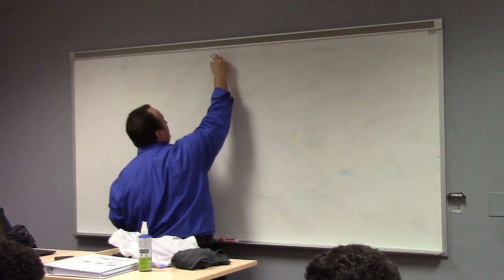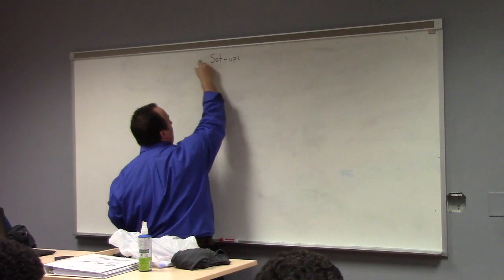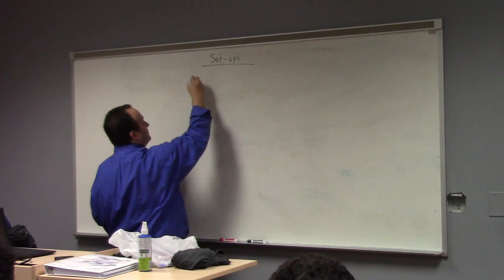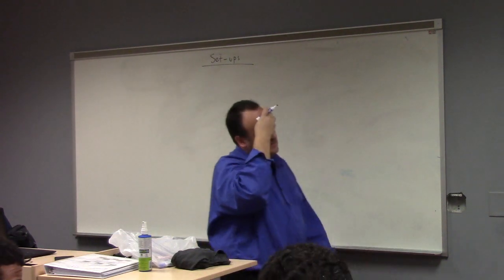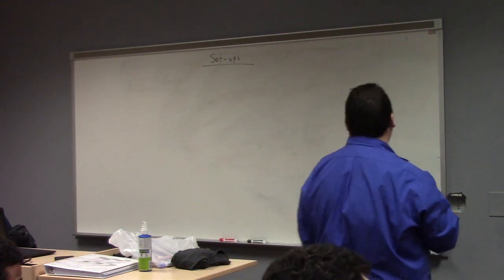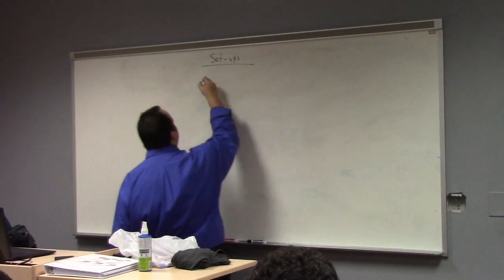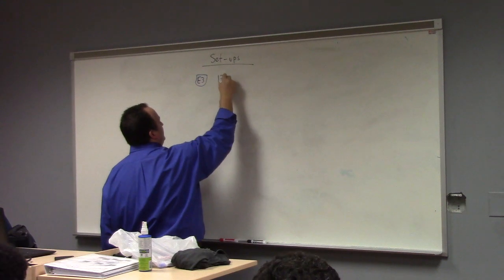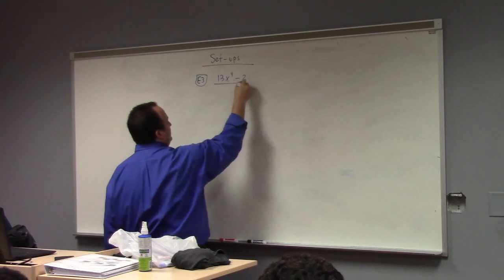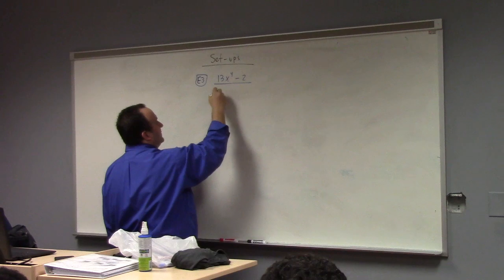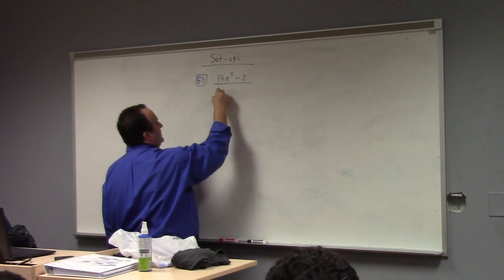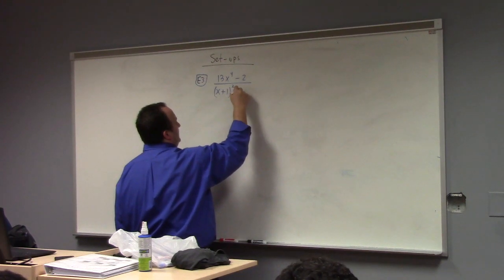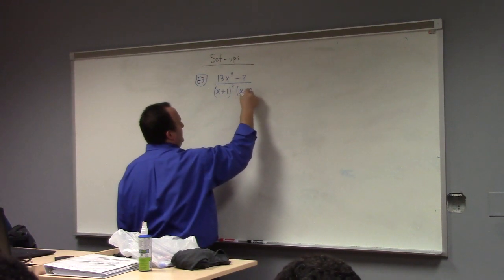So let's see here, setups. Example 3: 13x to the 4th minus 2 over x plus 1 squared times x minus 2.